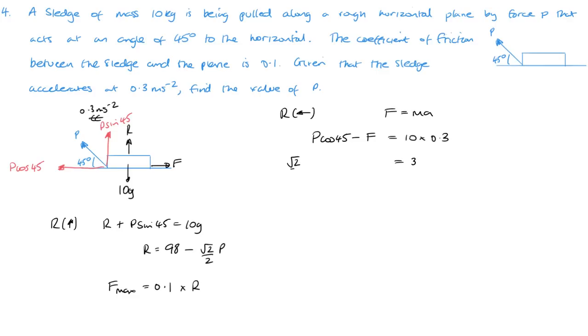So we got root 2 over 2 P minus 0.1 R. So the 0.1 R is going to be 9.8, not plus, is it?